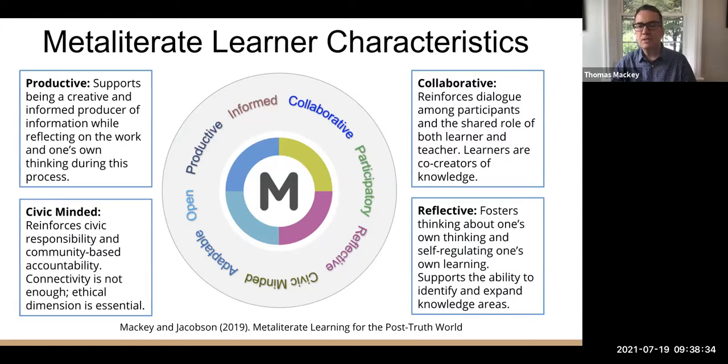We focus on several of these: productive, collaborative, reflective, of course, which brings forward the metacognitive, but also thinking through the context of the environment that we're in, a post-truth world, that there's also a responsibility that individuals have to their communities, which is why we added civic-minded as one of the key characteristics.